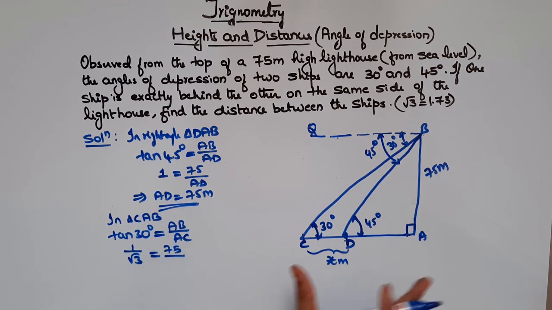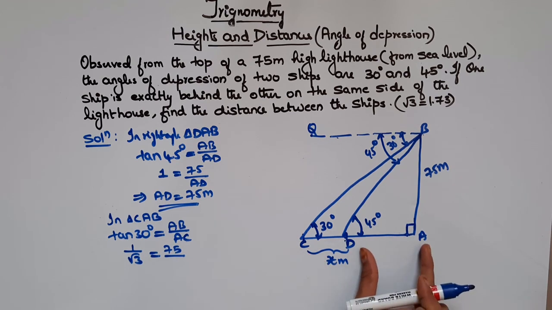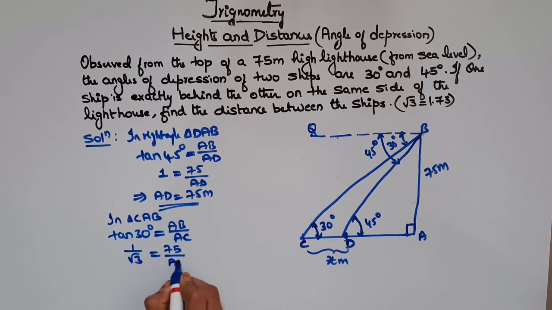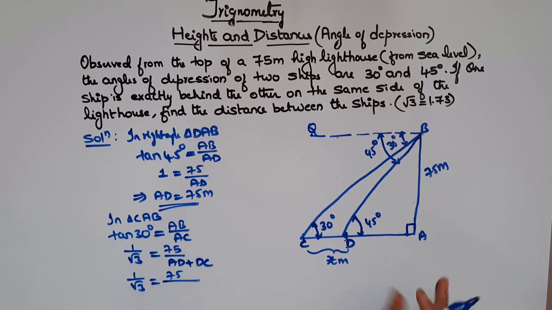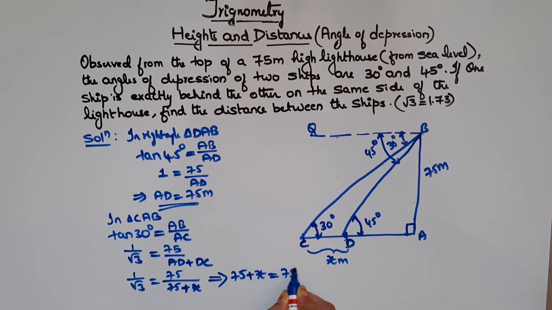Now what is AC? AC is AD plus CD. So 1 by root 3 is equal to 75 by, AD we know is 75, plus DC, which we have taken as x meter. So when we simplify this, this implies 75 plus x is equal to 75 root 3, right?